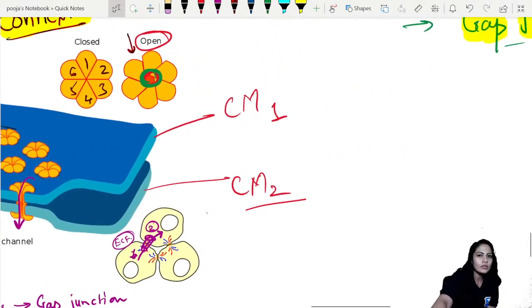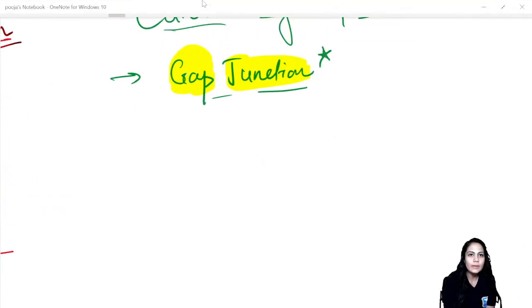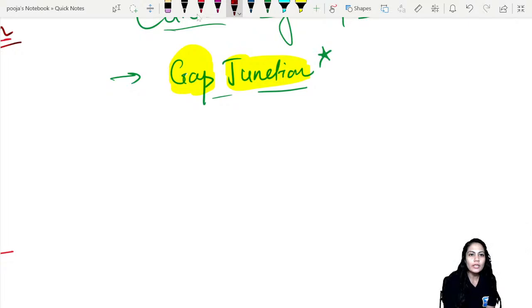This is important, and what it allows, first, is that the ions do not need to go into the ECF. They go directly from one cell's ICF to another cell's ICF, right? So they are saving their time.